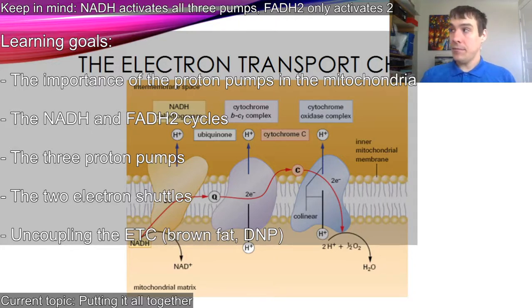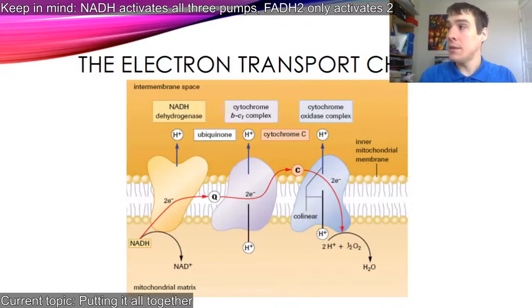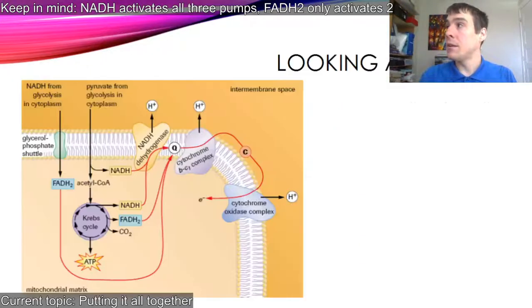So really quickly, I'm going to jump over to the summary slide of this note. Here's the summary slide. And what's important here is this keep in mind piece where NADH will pass electrons through all three pumps, so 1, 2, 3. It'll pump 3 hydrogens. But FADH doesn't activate this pump.